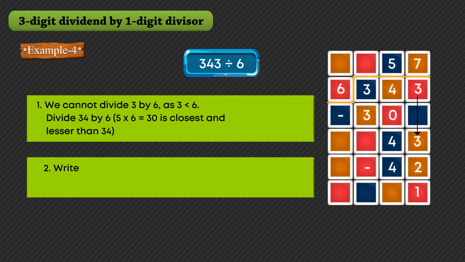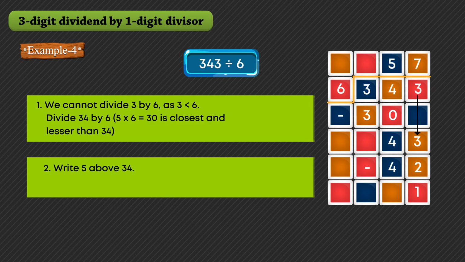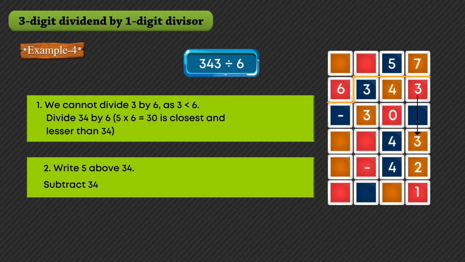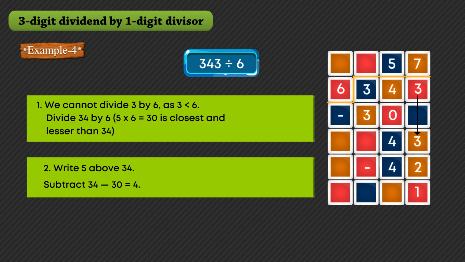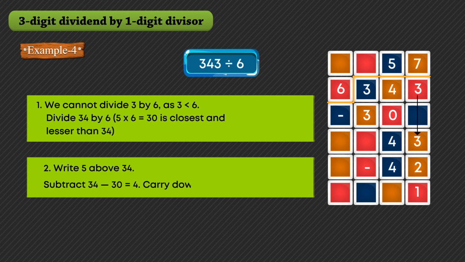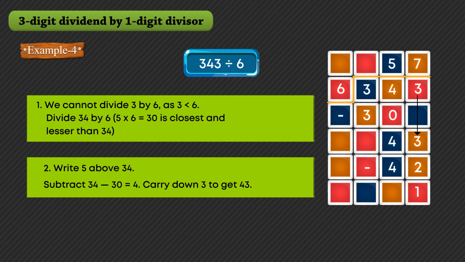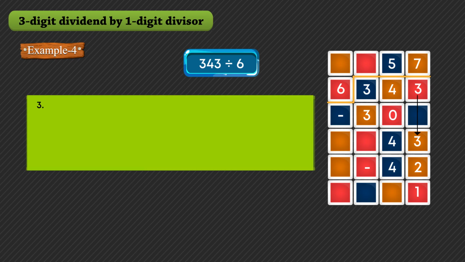2. Write 5 above 34. Subtract 34 minus 30 is equal to 4. Carry down 3 to get 43. 3.